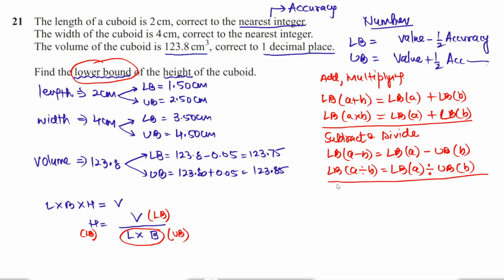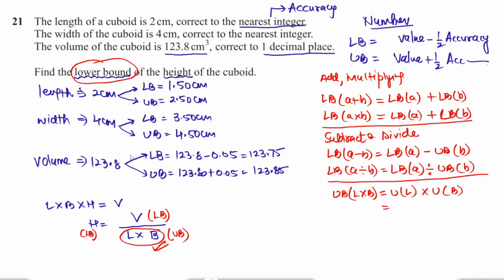Because in the division, if we are looking for lower bound, numerator should be lower and denominator should be upper. And first of all, we need to find the upper bound of L into B. So upper bound of L into B means upper bound of L multiplied by upper bound of B.